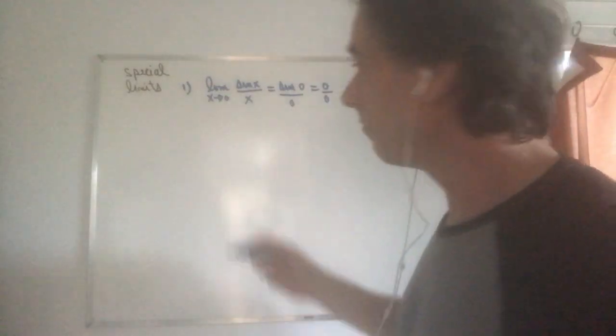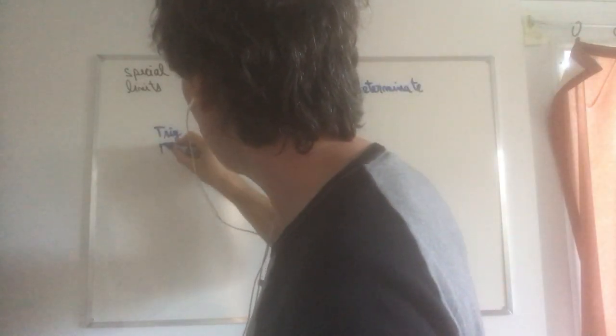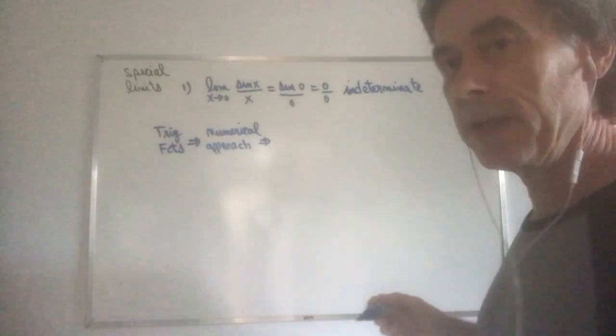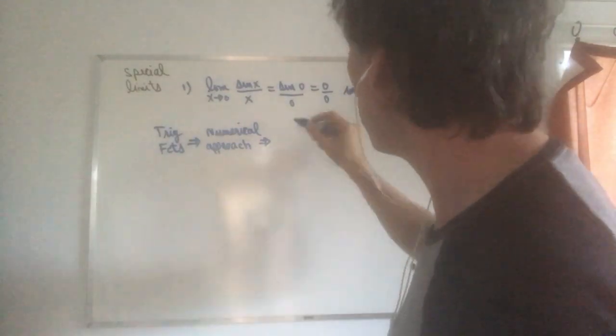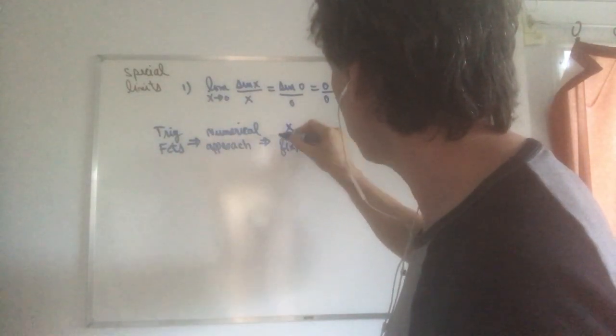In the case of trig functions, if I have to evaluate limits of trig functions, it will be best to tackle this problem using the numerical approach. There are other ways, of course, but this is probably the most straightforward. So how does that go? It goes as usual. We make a little table.